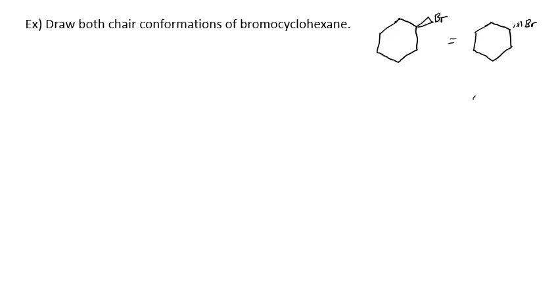It is irrelevant because you could flip that like a pancake and it's the same molecule. These are not isomers in any way. It's the same exact molecule. So we're going to draw both chair conformations. Let's start with the first one that we learned.